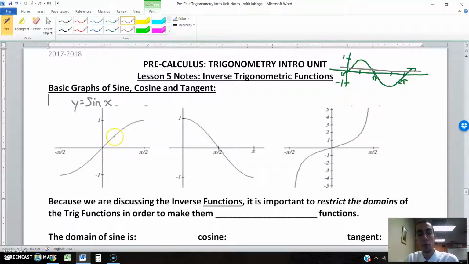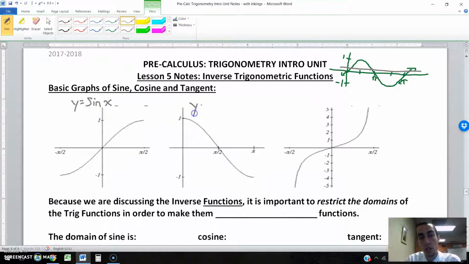When we've limited the domain in that way, we see that we just have a single piece of the sine graph. But this little piece passes the horizontal line test, because a horizontal line will pass through in only one spot. And so this restricted sine graph has an inverse.